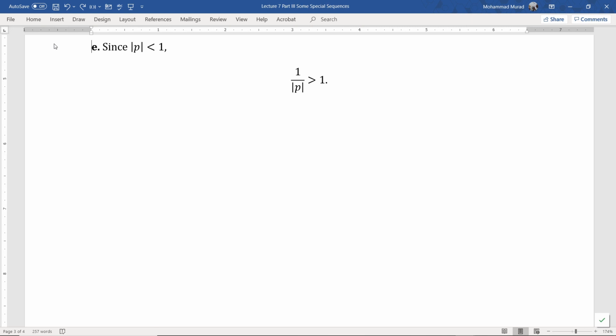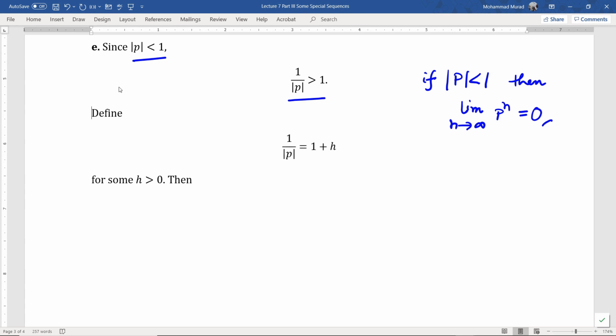Let's try to prove the statement E, namely, if the absolute value of p is smaller than 1, then the limit of p to the n as n approaches infinity equals 0. Since the absolute value of p is smaller than 1, 1 over the absolute value of p is greater than 1.